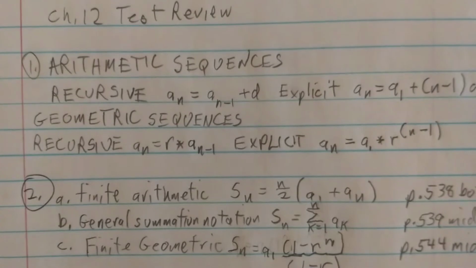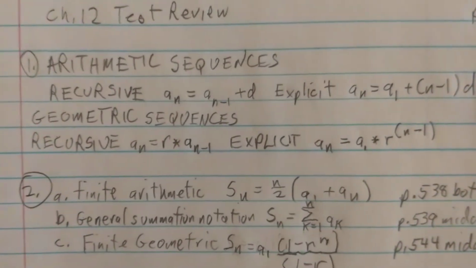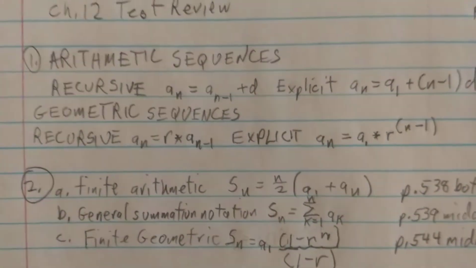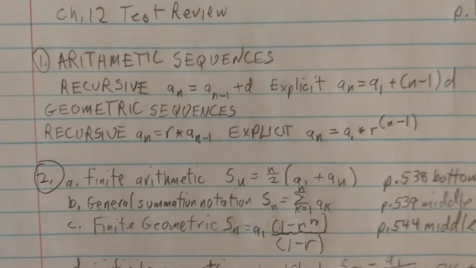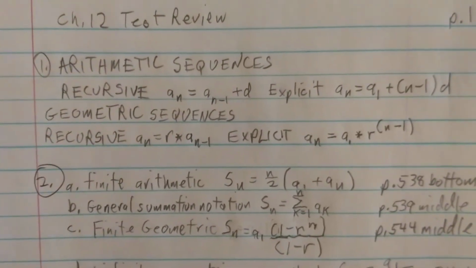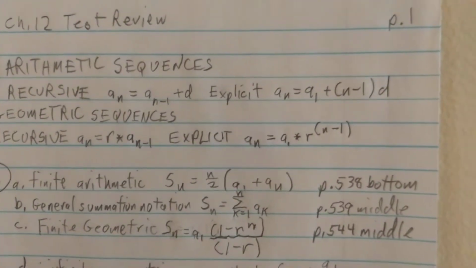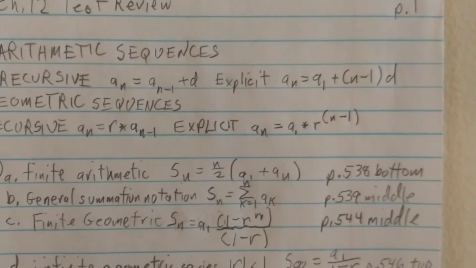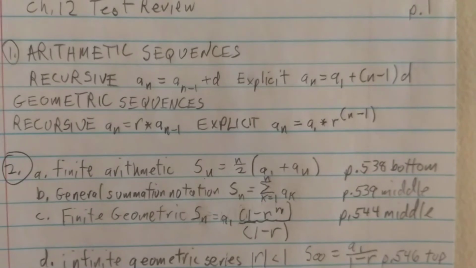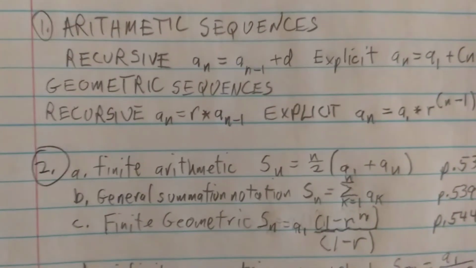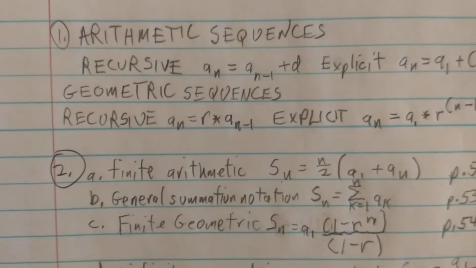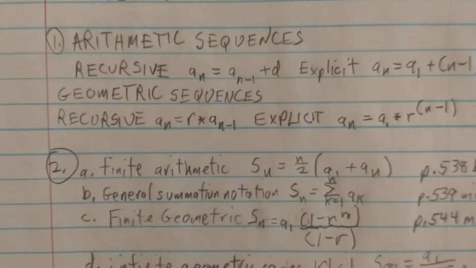Problem 1 is about arithmetic sequences, which can be recursive, in the form a sub n equals a sub n minus 1, the last one, plus d, or they could be explicit, as in a sub n is equal to the first one, a sub 1, plus n minus 1 d. Then for geometric, we can also have recursive and explicit.